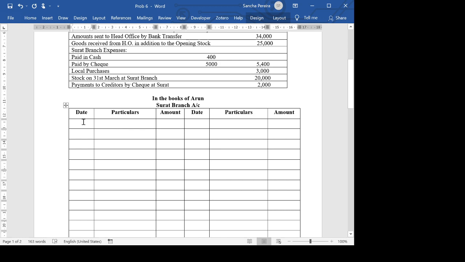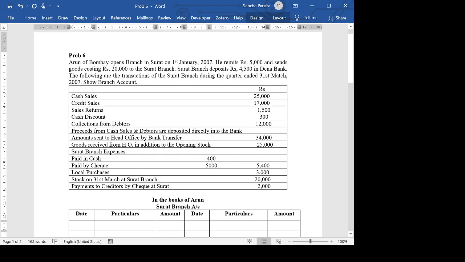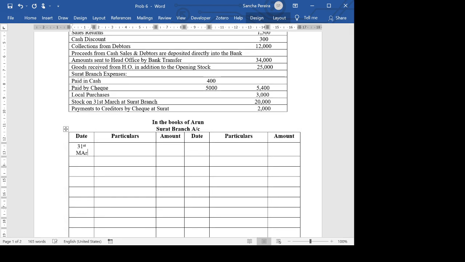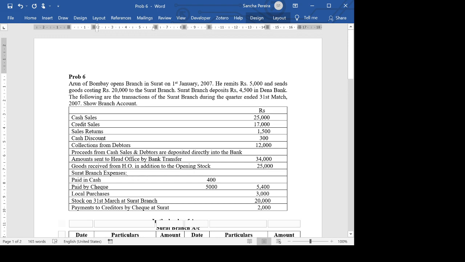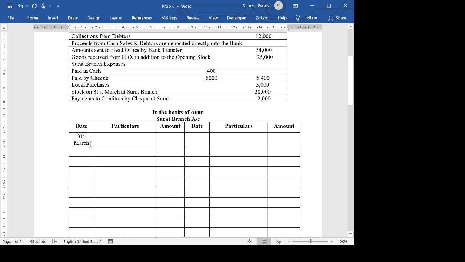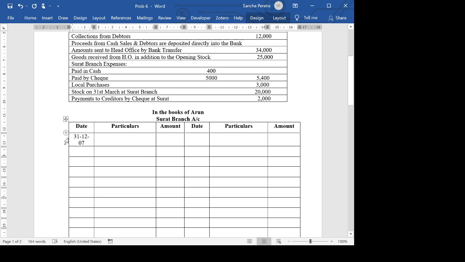Actually, I will put it as 31st December, since he's opening it on 31st December, because we don't know exactly when he sends, so we're just putting everything as of that date.